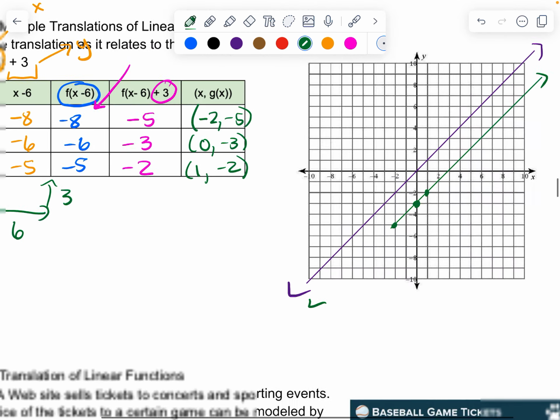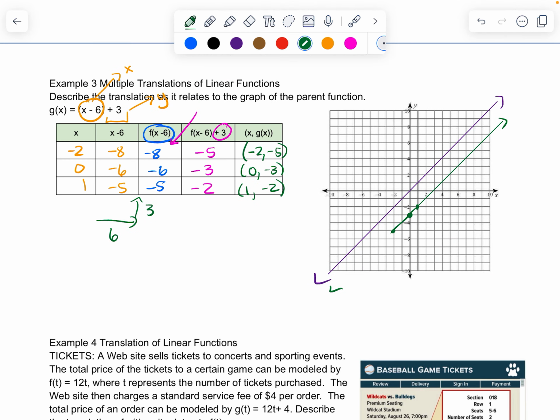There we go. Okay, so we went to the right 6 and up 3. So if I was to take this point right here, go to the right 6: 1, 2, 3, 4, 5, 6, up 1, 2, 3. It moved right there. They are making this so much harder.